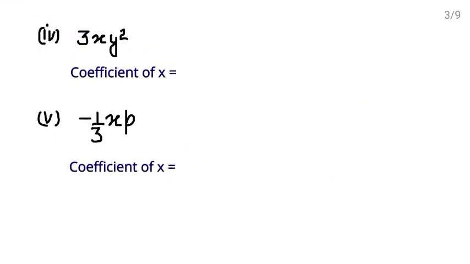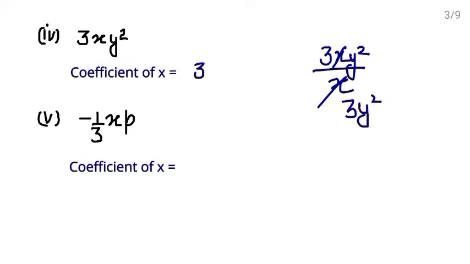Next part, fourth part, 3xy square. And they are asking the coefficient of x. So divided by x. x to x cancel out, you are having 3y square. So the coefficient of x is 3y square.